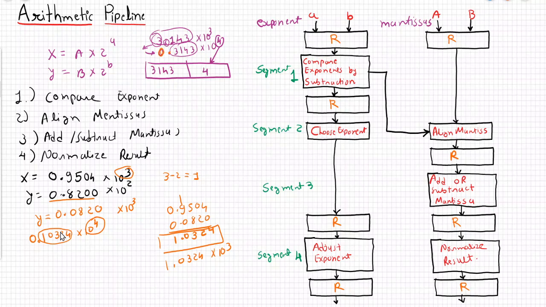Now let us calculate the speed-up ratio for this. Let's say we have 4 segments.